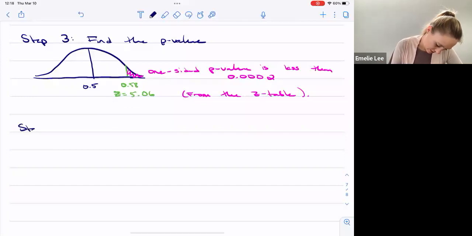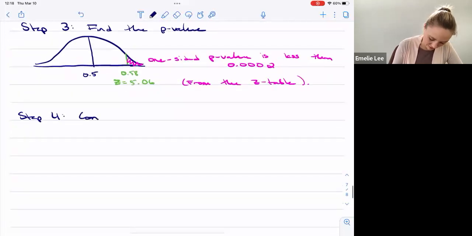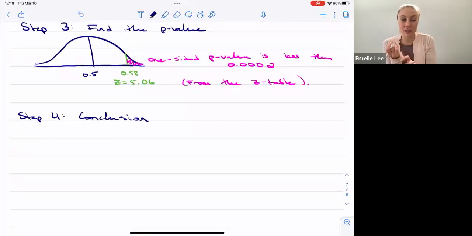Okay. So step 4 is your conclusion. We compare our p-value to our alpha level. The default alpha level is 0.05. There is no alpha level in the question, so I have to use 0.05.